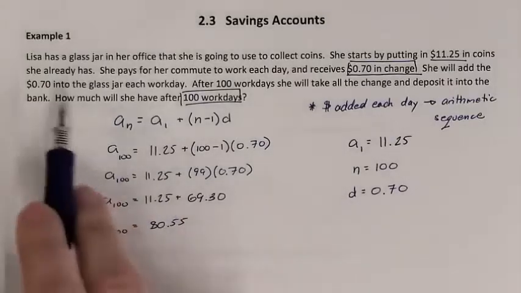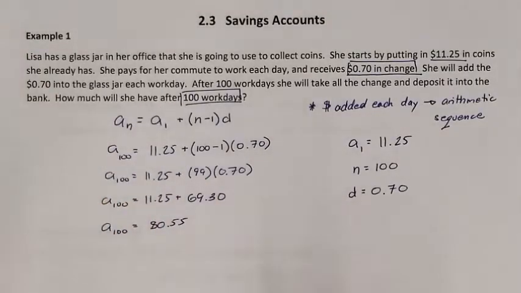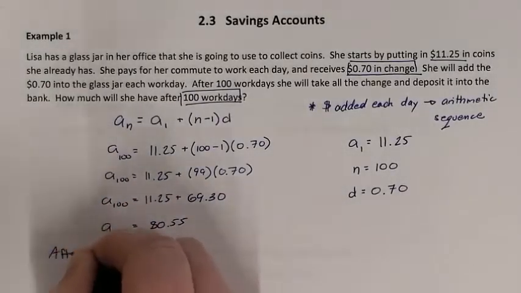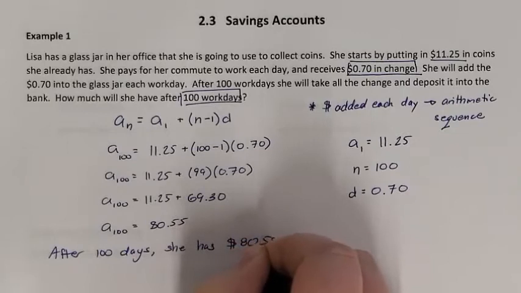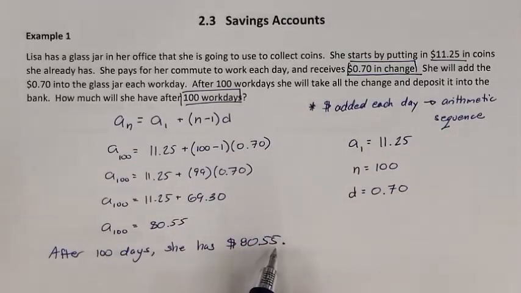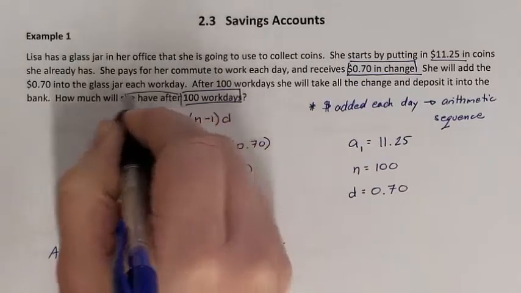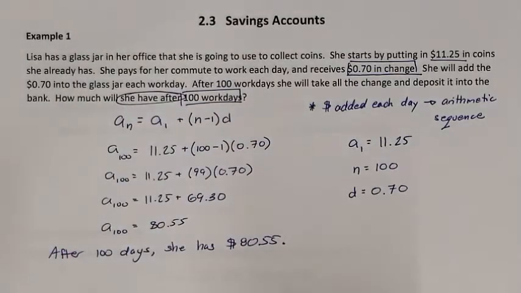So it's asking, how much will she save after 100 days? So after 100 days, we know that she has $80.55. But that's not what the question's asking. The question is asking, how much would she have saved total after all of that? Well, if her total was 80.55, how much did she actually put in total after?